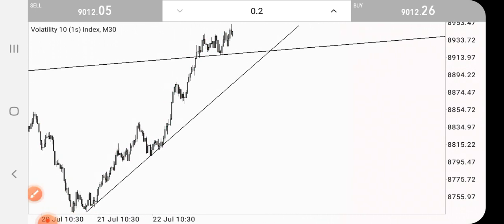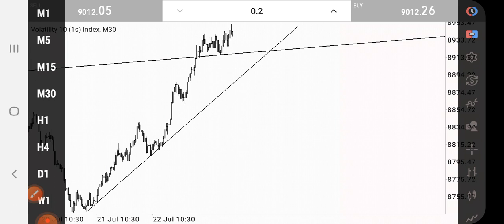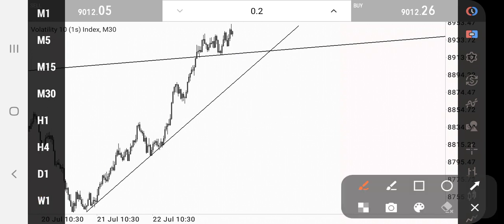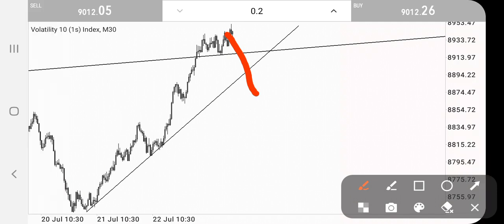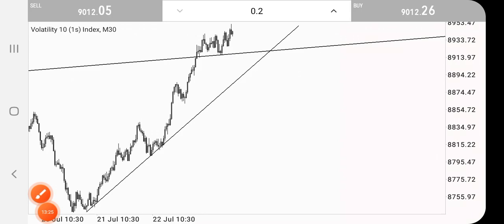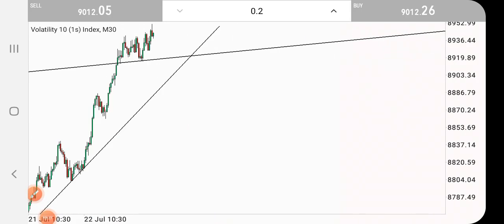Whenever the price comes back to break this area, that's when we start making our entries. Each and every time price breaks below our trend line.